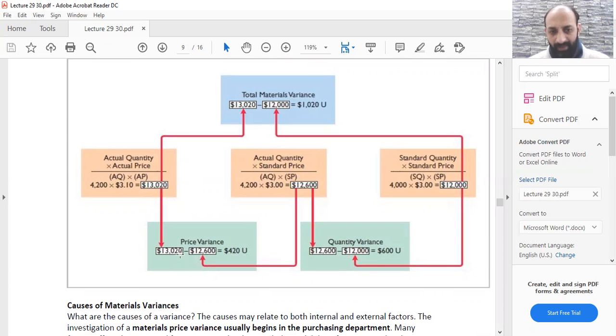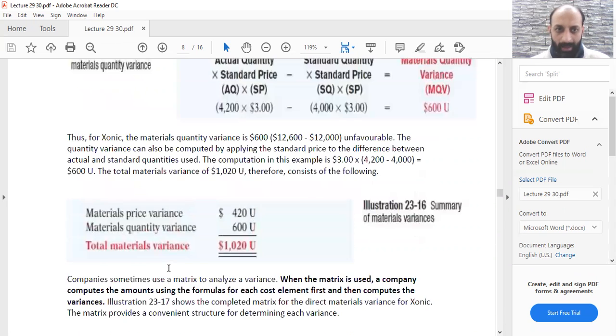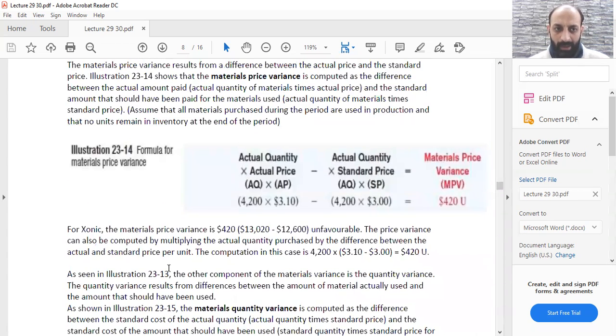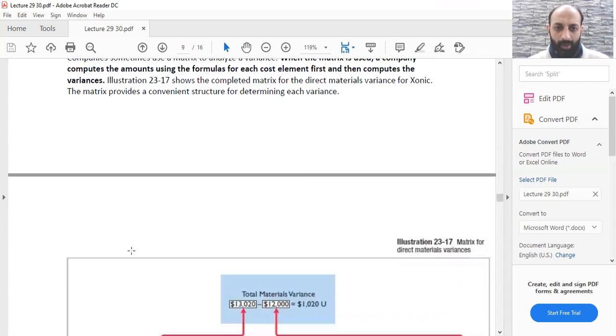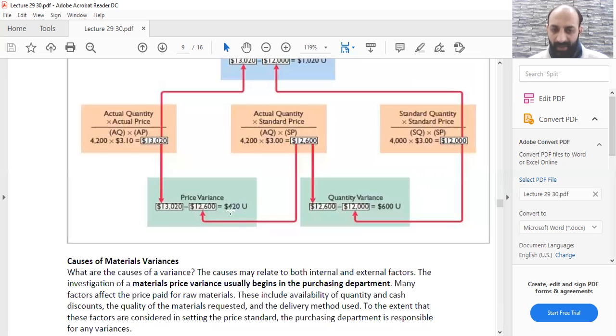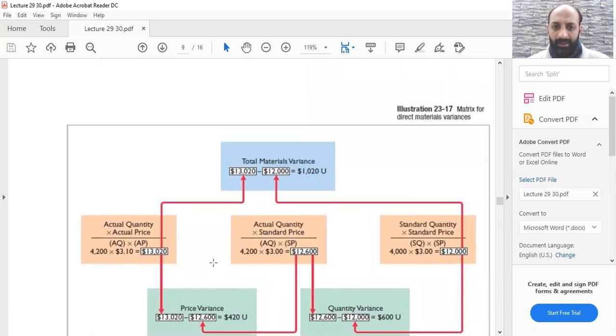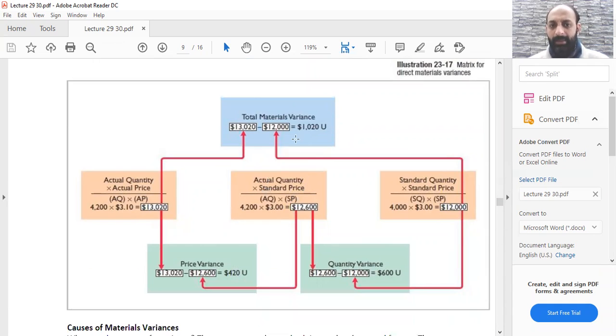For the price variance we already know the formula, the material price variance formula. You use that formula and you get this figure, minus 420 unfavorable. Then you do the quantity variance. When you add these two you get the total material variance, and the total material variance can also be calculated by inserting into one formula. You can calculate it both ways. You will get the same answer.